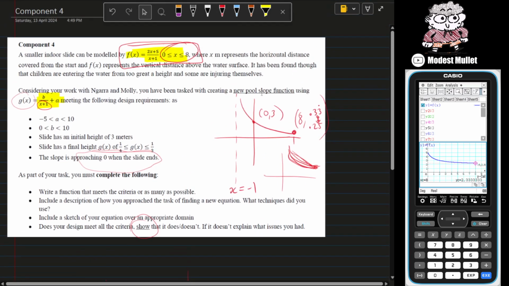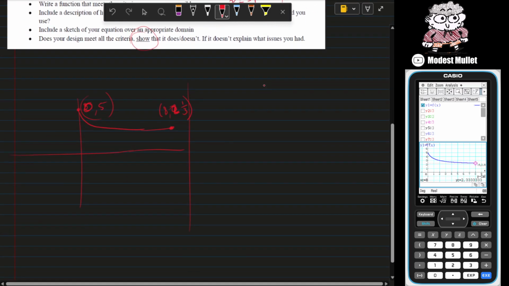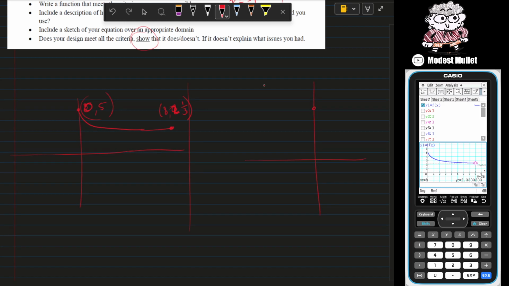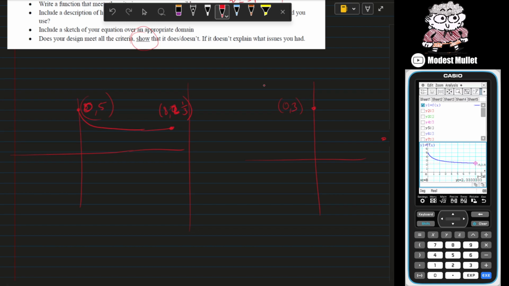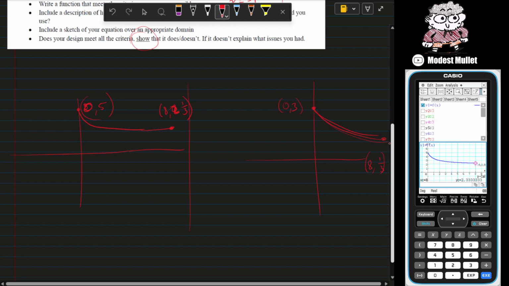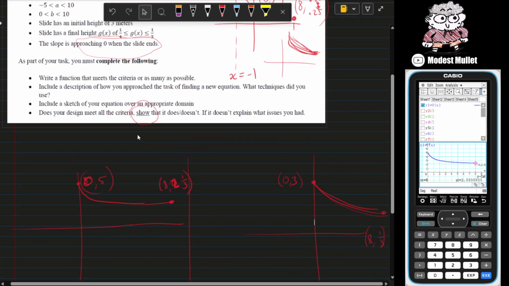But if we go to the equation, surprise, surprise, what we're trying to do is go from 0,3 to 8, 1/3. And if we notice, both the y coordinates have just been moved down 2.